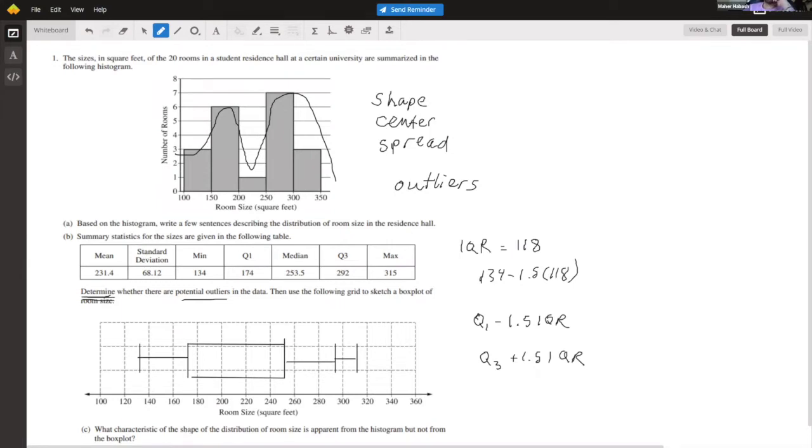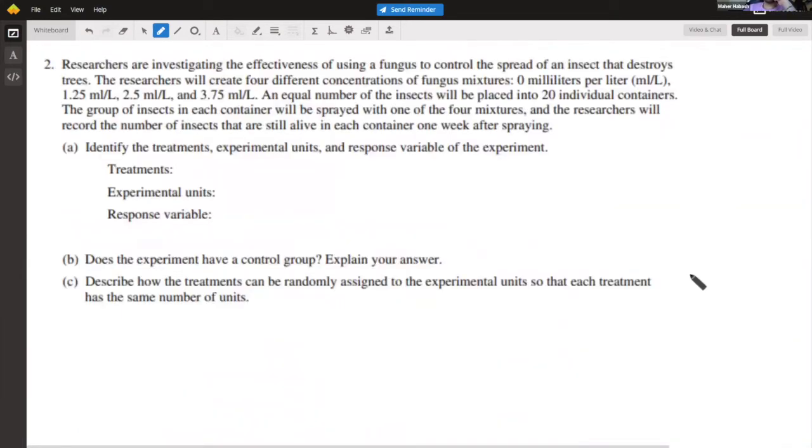Okay, I think we're ready for question 2. So I'll let you guys read this to yourselves, and then when you're ready for A, let me know.